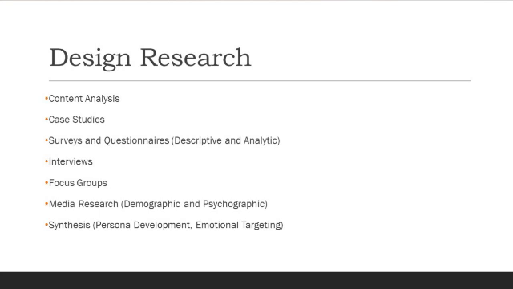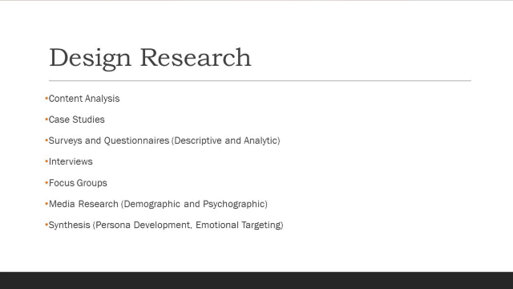So, starting with design research, I felt this was one of the important ones because it really breaks down what you research, what you are really looking for in terms of reaching the demographics, in terms of seeing what people like, in terms of what they're looking for in design.